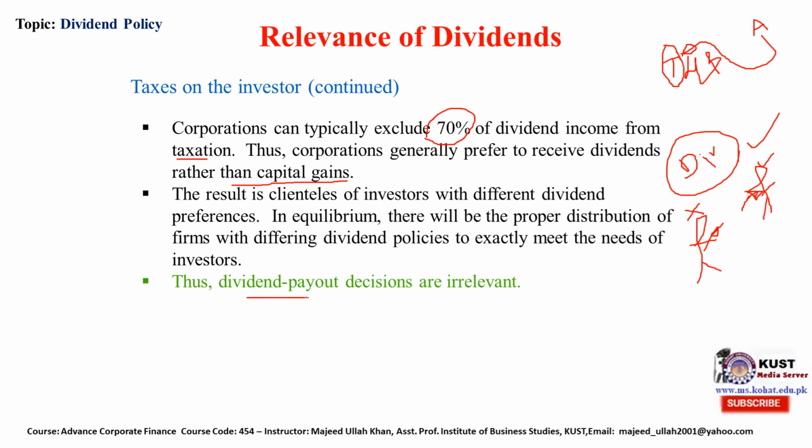Thus, dividend payout decisions are irrelevant when there is an equilibrium. Well, different dividend policies exactly meet the needs of the investors. So the dividend policy itself has no relevance in the wealth of shareholders.